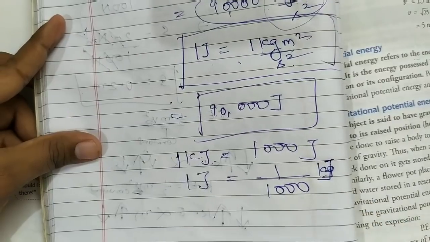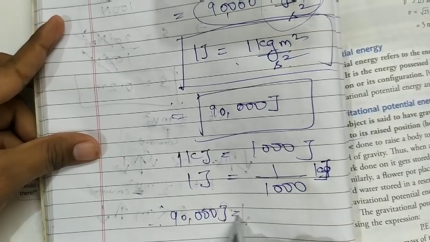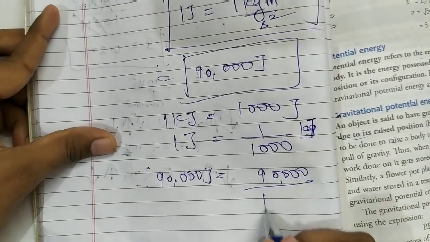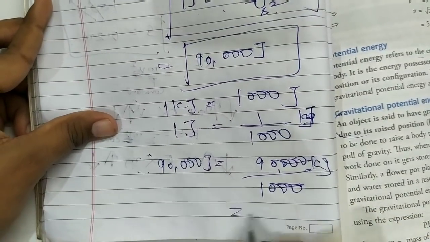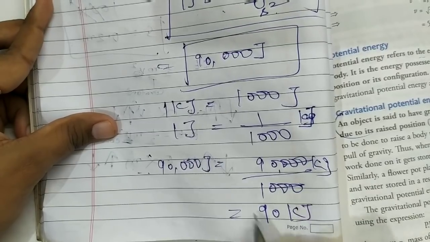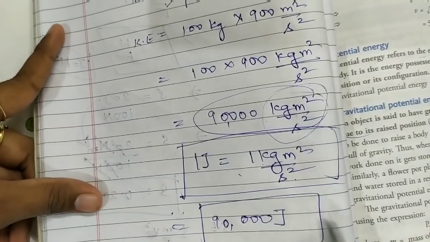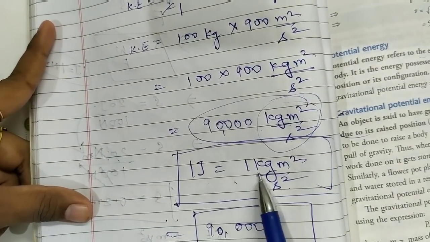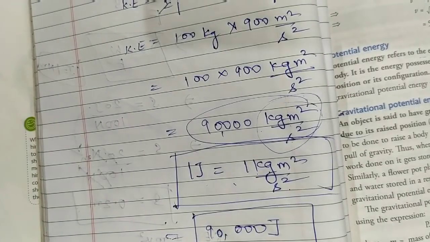Therefore 90,000 joule is equals to 90,000 upon 1000 kilojoule, which means 90 kilojoule. So what you have to remember, children? 1 joule is equals to 1 kg meter square per second square. I hope, children, I am clear to you.